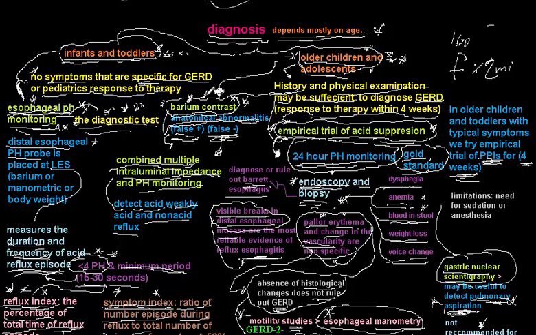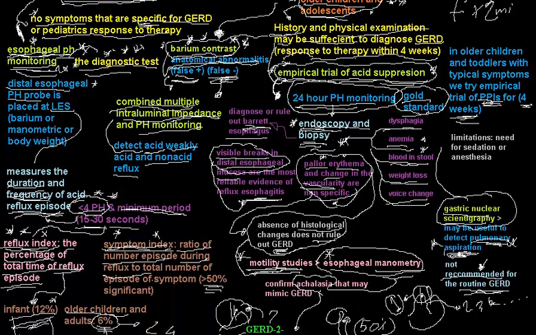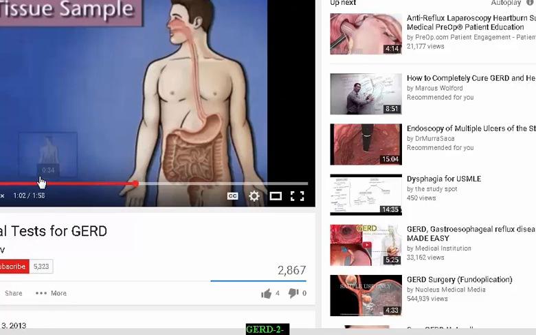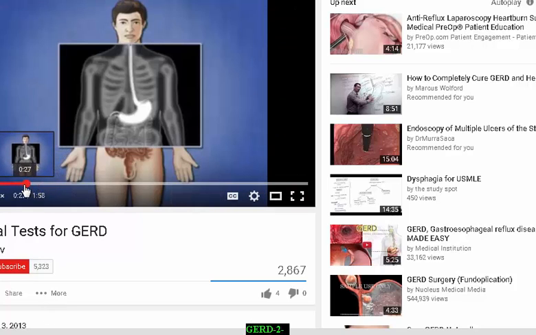It has a short time to detect the presence of abnormalities, so it will not be able to diagnose gastroesophageal reflux disease. The only use of this barium contrast is the anatomical abnormalities detection, like in stricture and other things I talked about. I want to show you another video about the barium study.